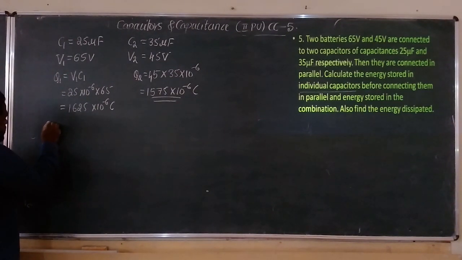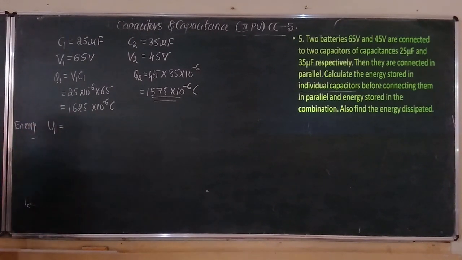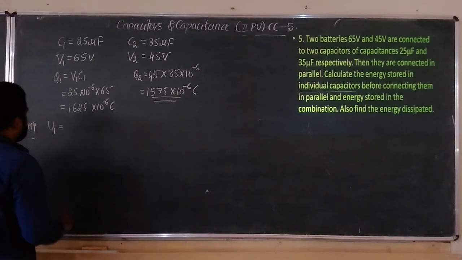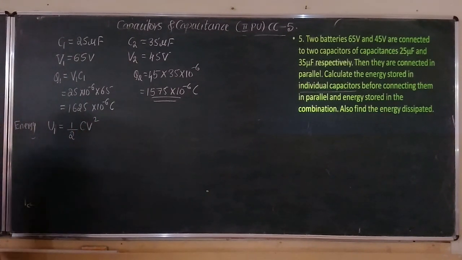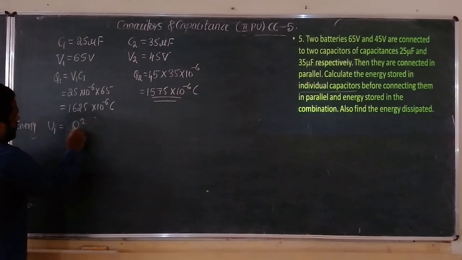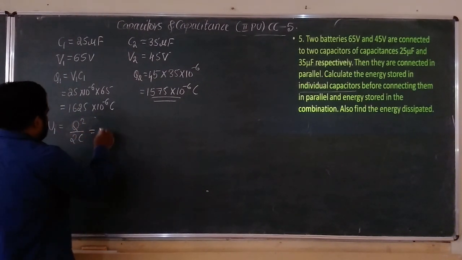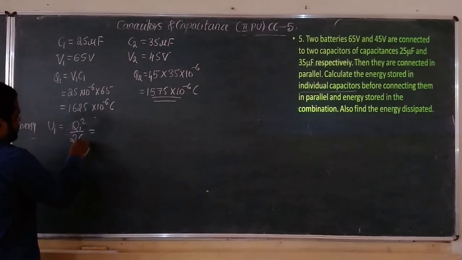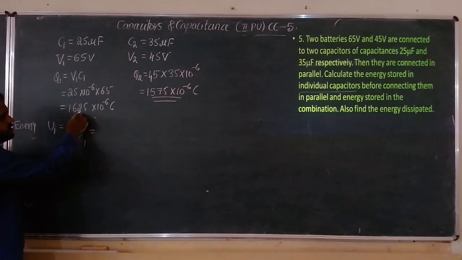Now the energy stored in the first capacitor, let it be U1. This is the energy stored before connecting them in parallel. Energy stored in the first capacitor U1 is equal to, we can use any formula, half into CV square. I will use the half CV square formula, or you can use Q square divided by 2C also. If you use Q square divided by 2C, Q1 square divided by 2C1, Q1 is 1625.